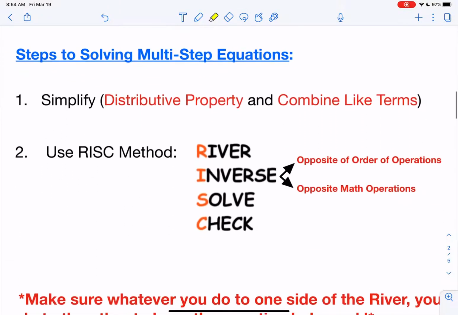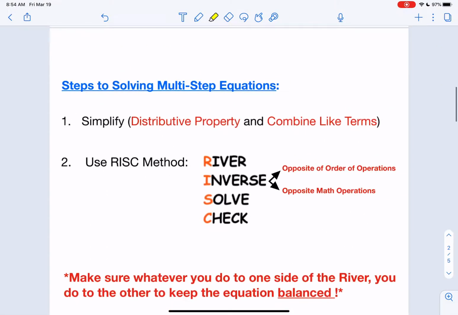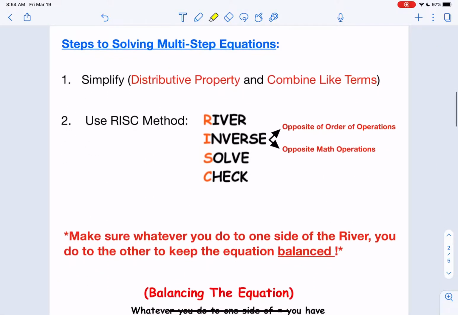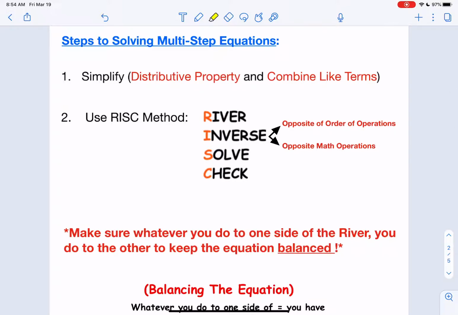So, the steps to solving multi-step equations. It's exactly like doing two-step equations. We're just going to have more than two steps. So if you watched the video on two-step equations, this will be very similar. First, you're going to simplify, okay? And simplifying means combining like terms, or if you have something like the distributive property, that needs to be done.